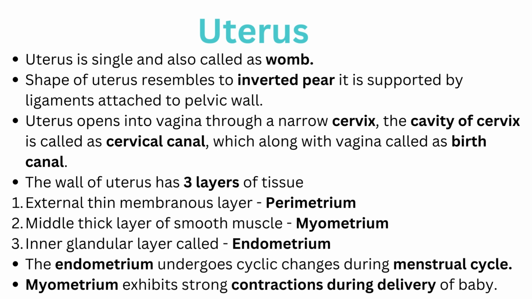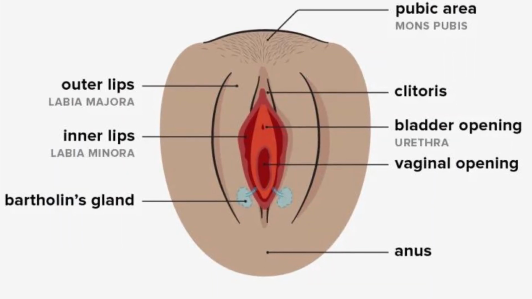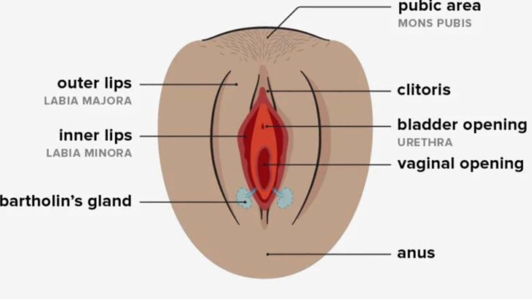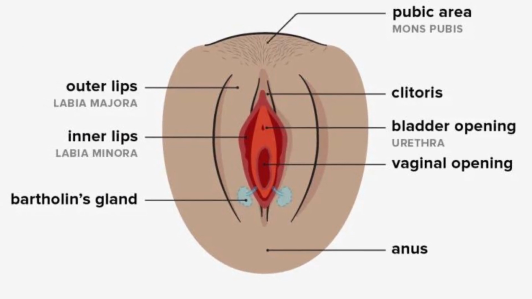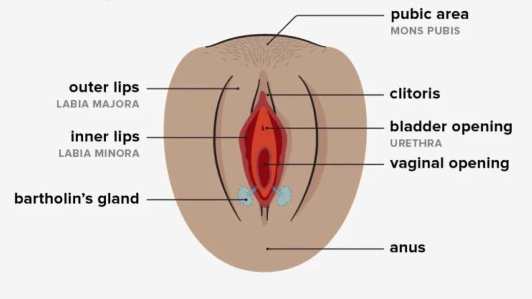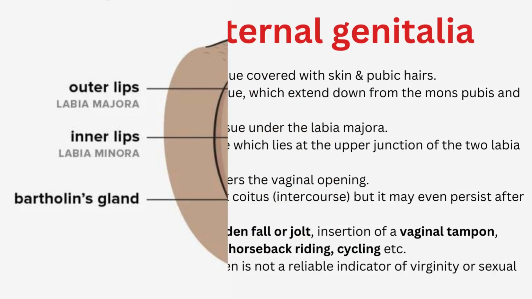Many videos are coming. Female external genitalia includes the mons pubis, a cushion of fatty tissue covered with skin and pubic hair. Then the labia majora, the fleshy folds of tissue which extend down from the mons pubis and surround the vaginal opening. Third is the labia minora, paired folds of tissue under the labia majora. Then the clitoris, a tiny finger-like structure which lies at the upper junction of the two labia minora above the urethral opening.